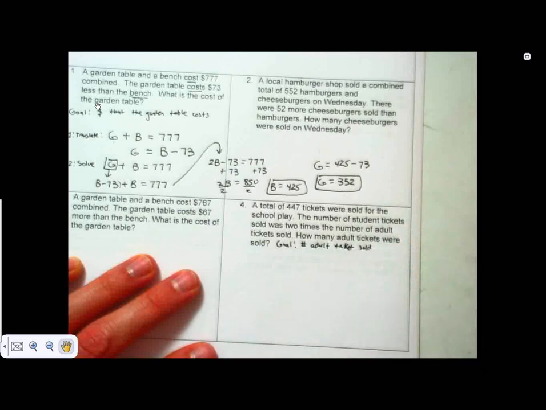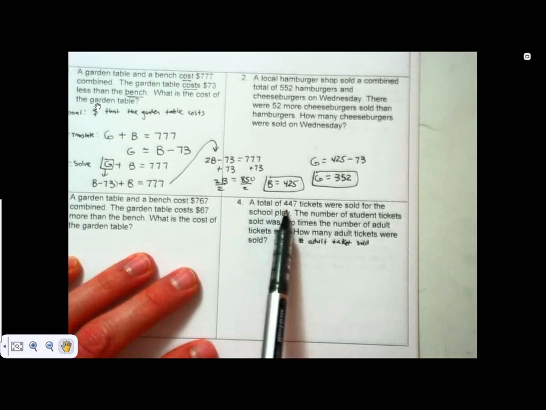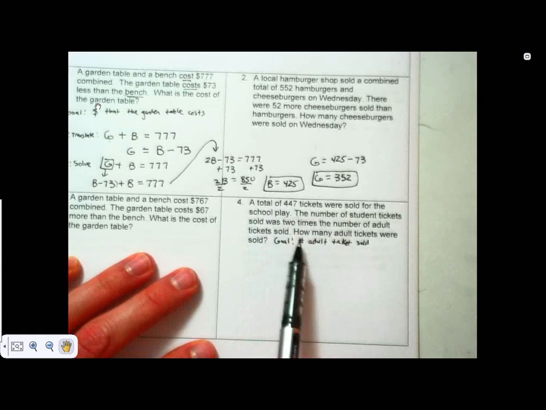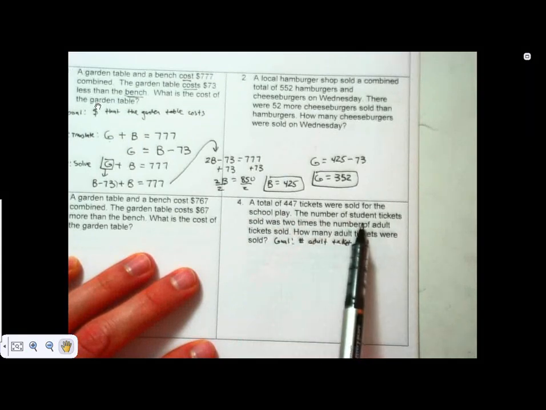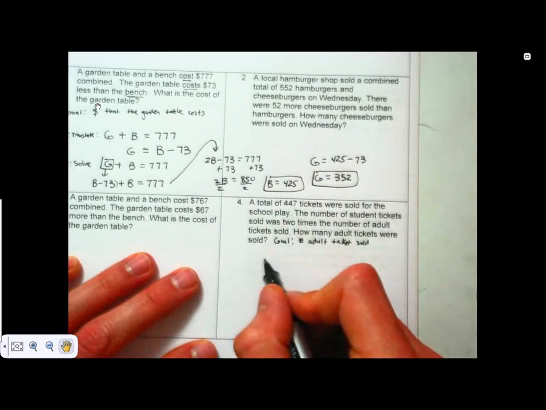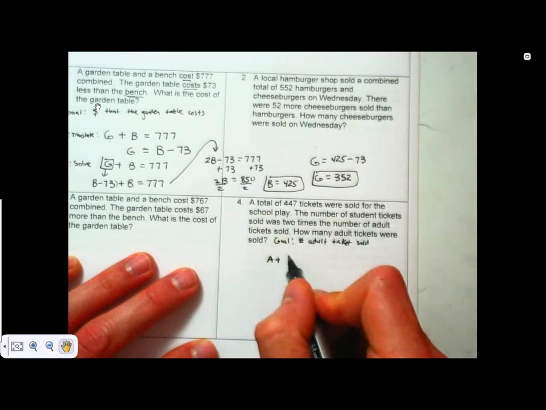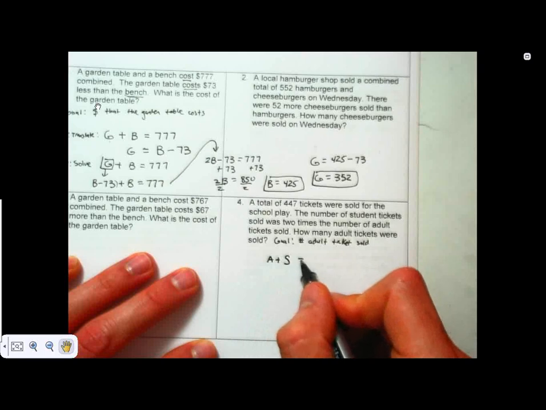And again, when I read this, math sentences are popping out at me. The first sentence says a total of 447 tickets were sold for the school play. It tells me later that there are adult tickets and there are student tickets. So if there's a total of 447, that should mean if I add the adult plus the student, I should get 447.